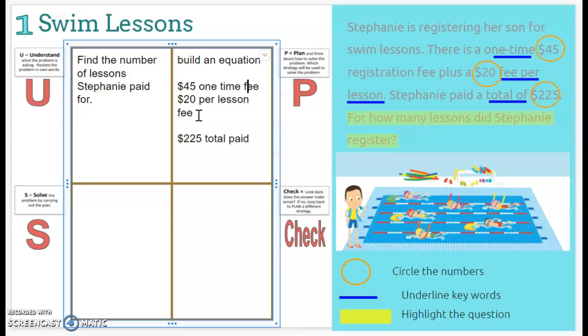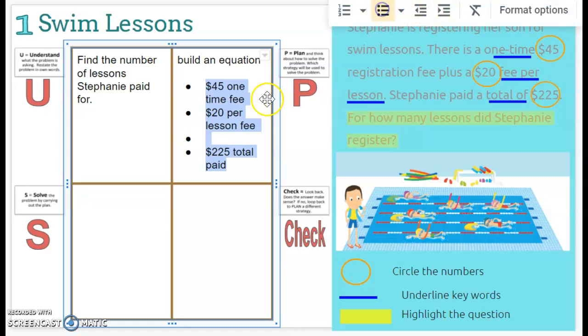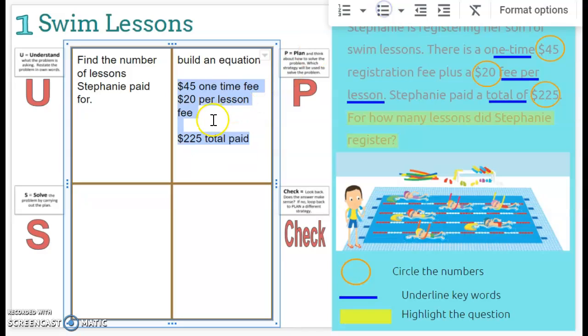Okay, so each one of these tells me something different. We're going to make it a little bit smaller so they all fit on the same line. There we go. Okay, so each one tells me something different.